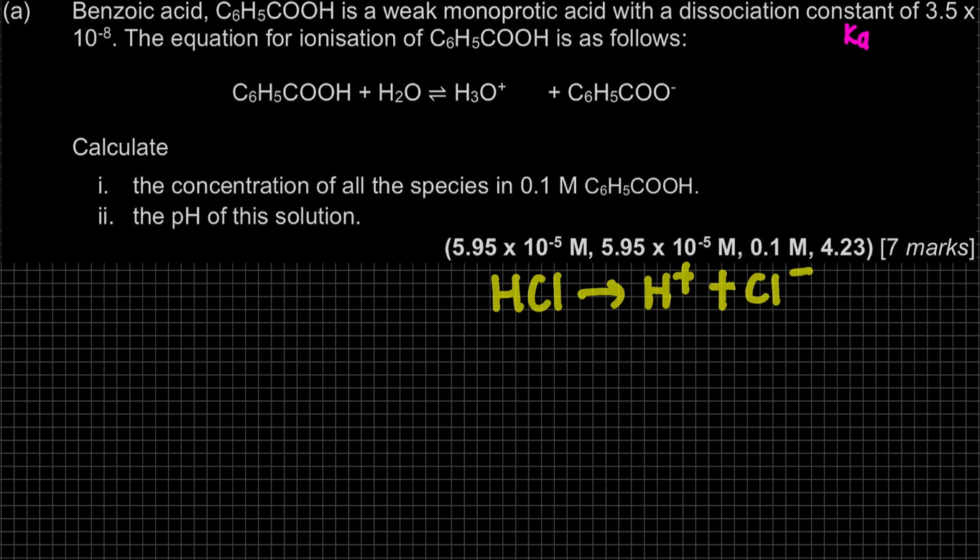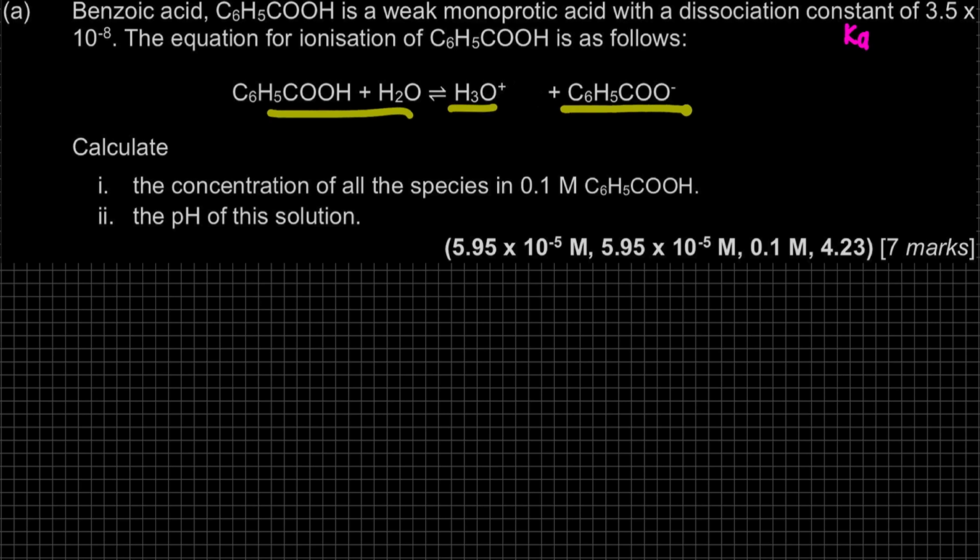For example, if HCl here is 0.1 molar, hence H plus is 0.1 and Cl minus is also 0.1 molar, all of the species. This is for the case of strong acid. But this case, this is a weak acid. So it dissociates partially, but we do not know how much it dissociates. So we have to do our ice table to know the concentration of all the species here.